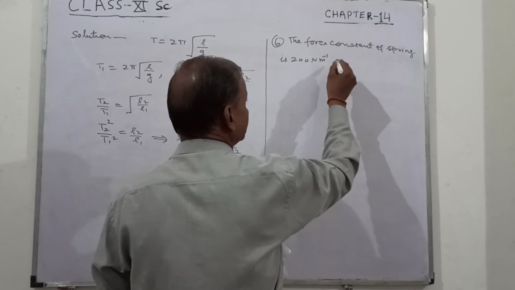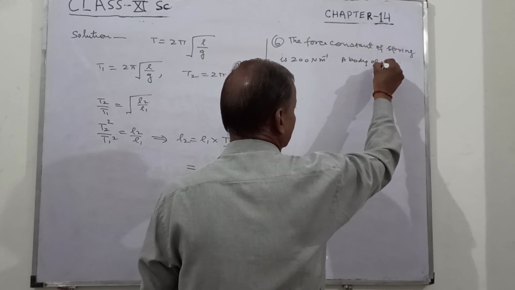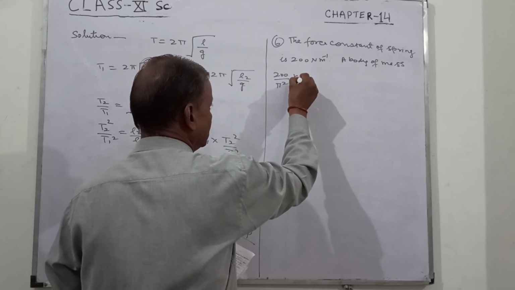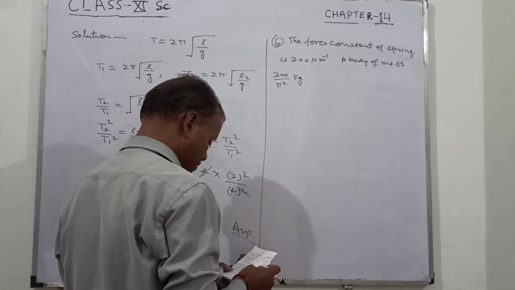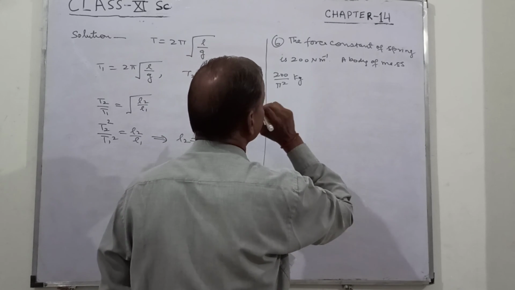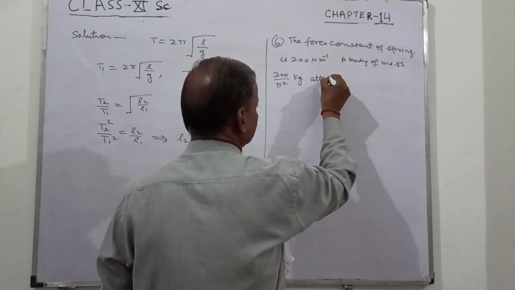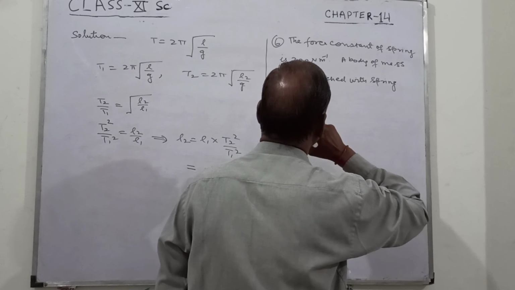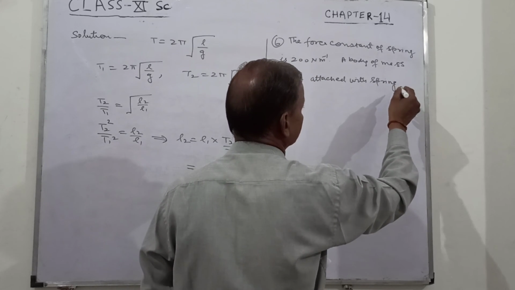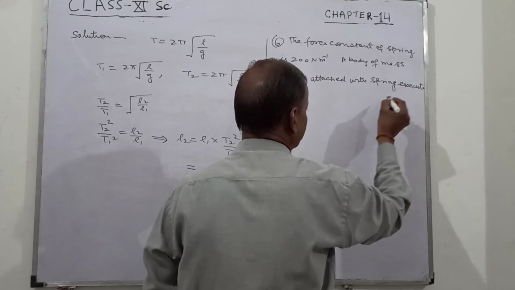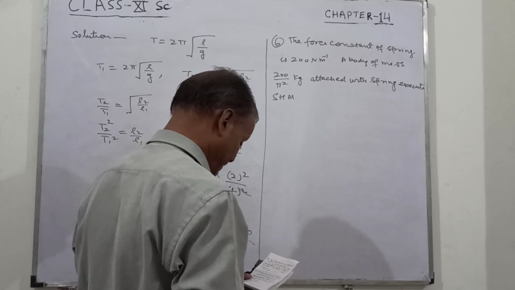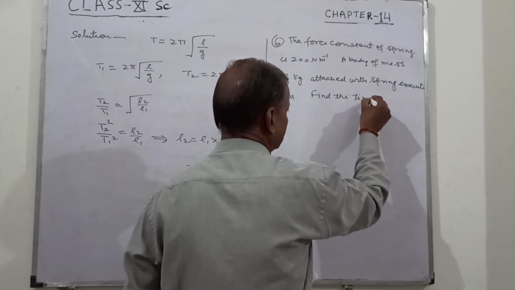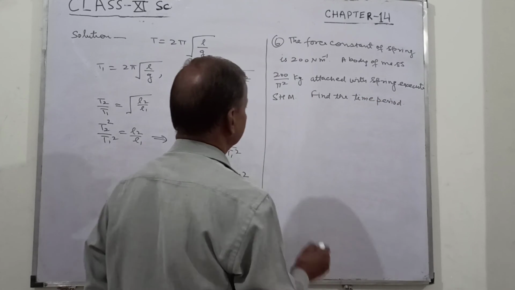A body of mass 200 upon pi square kilogram attached with the spring oscillates, executing SHM. Find the time period. Now its solution.